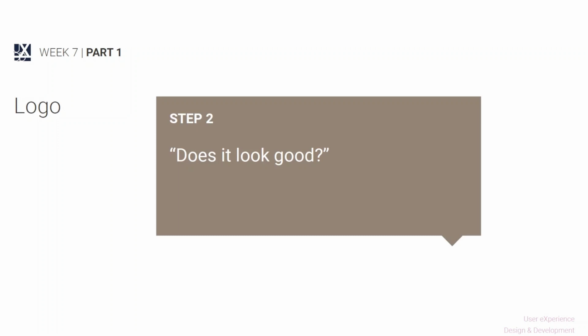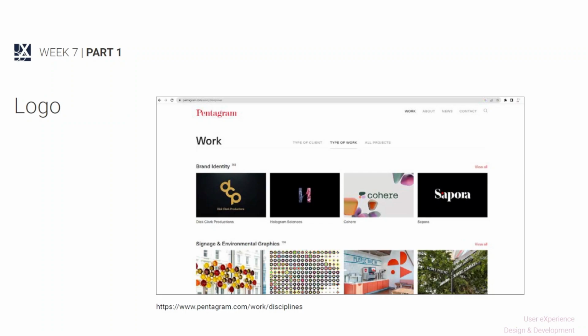So for that process, these are what I would like to provide for your support. Here are some reliable branding companies that you are recommended to take as reference. First, I would like to recommend Pentagram.